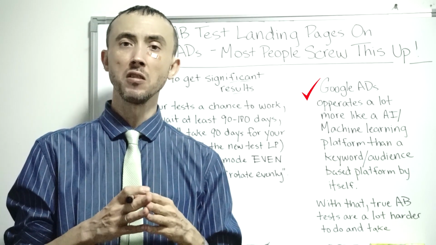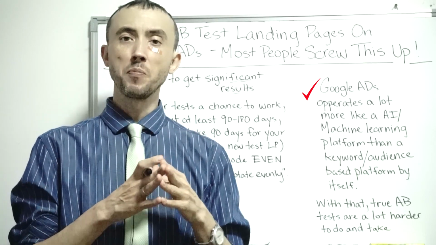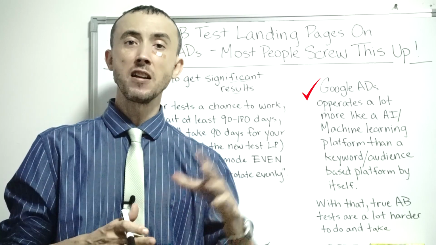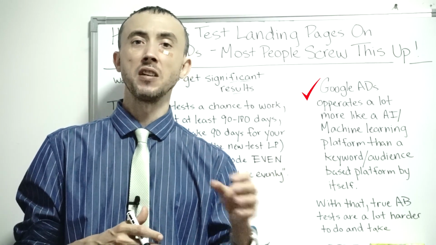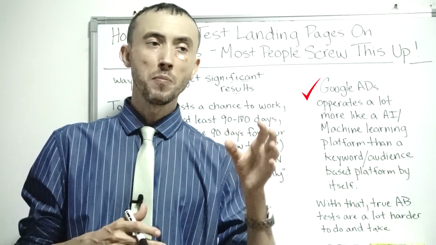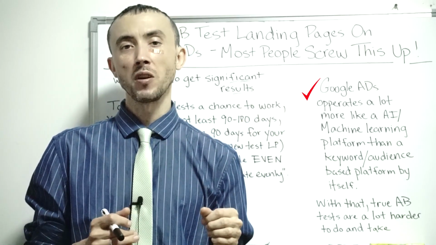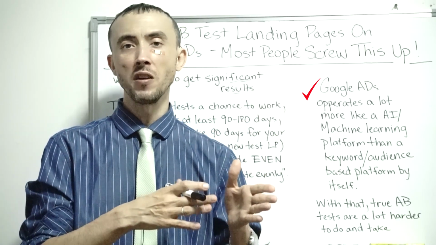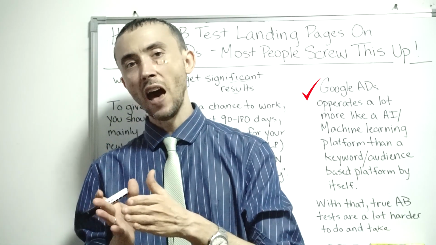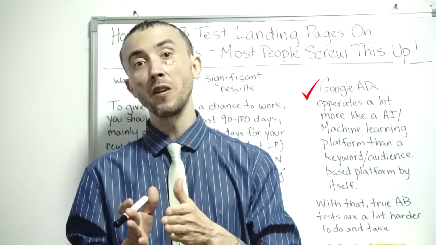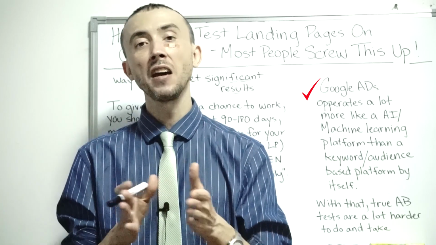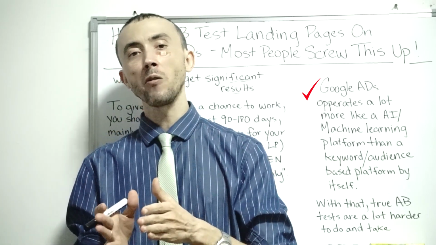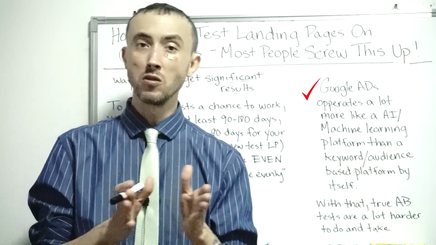Google's still going to prefer to send the traffic that they know converts at a high rate to the ad that's been running for a long time, because that gives Google a better result for their users more consistently. They'll slowly send more and more of the better quality traffic to the new ad that promotes the new landing page if it converts better, but it'll take a while for Google's algorithm to figure that out and do that.